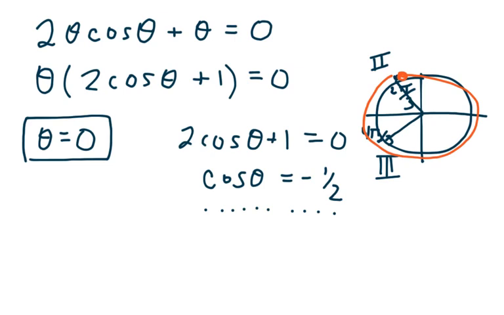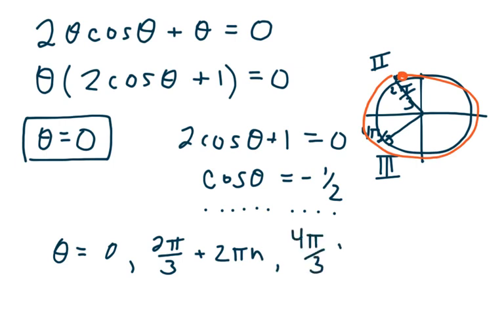So our solution set ends up being theta equal to 0, 2 pi-thirds plus 2 pi n, and 4 pi-thirds plus 2 pi n, where n is any integer.